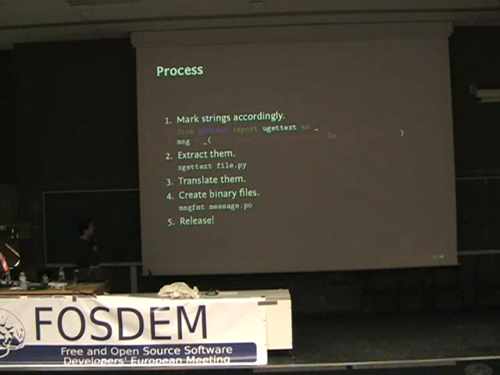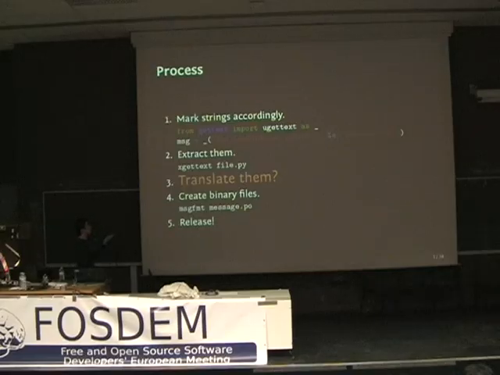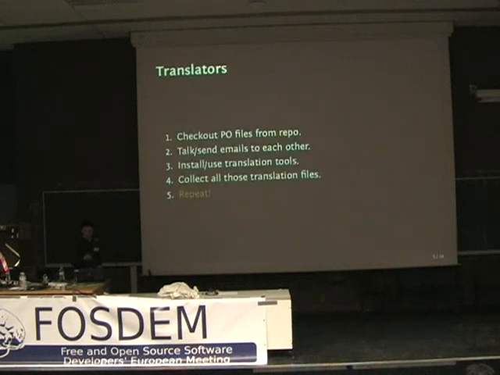However, in these five steps, there is one that is very tricky. How are you going to translate them? I mean, we're developers. It's easy for us to just mark the strings and run xgettext and msgfmt over the source code. But how are you going to translate them? First of all, you need translators.